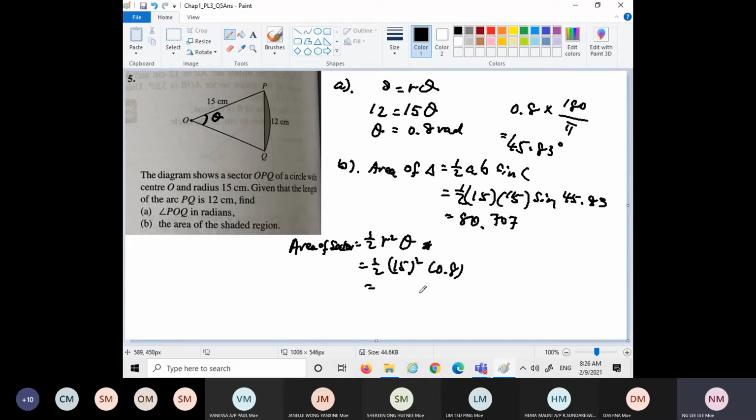So this part you are getting 90. So your answer is 90 minus 80.707. So your answer is 9.293.